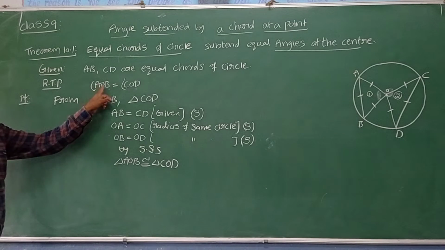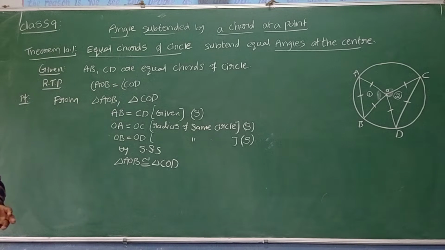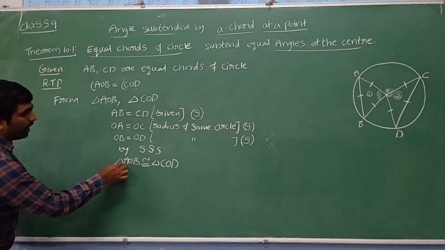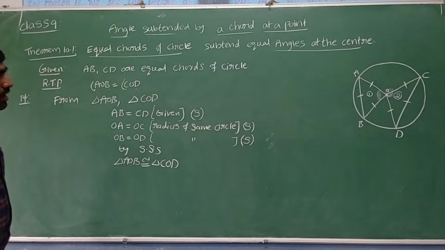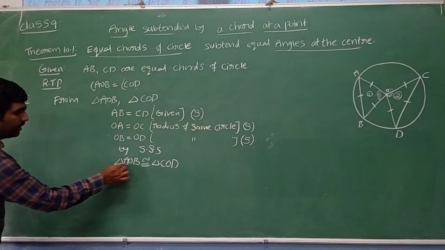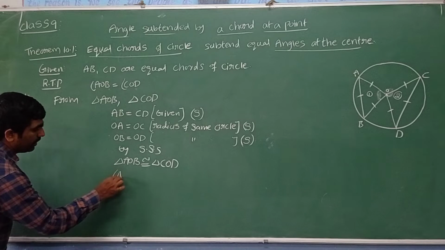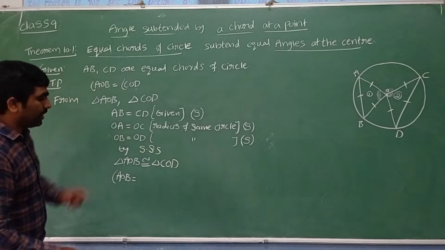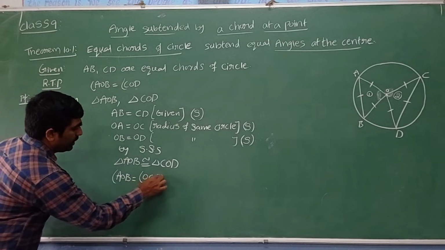By CPCT we can take corresponding angles. Now what can we write here? Angle A in the first triangle, angle OAB, is equal to angle C in the second triangle, angle OCD.